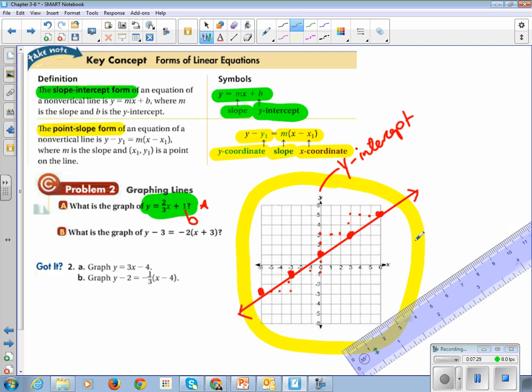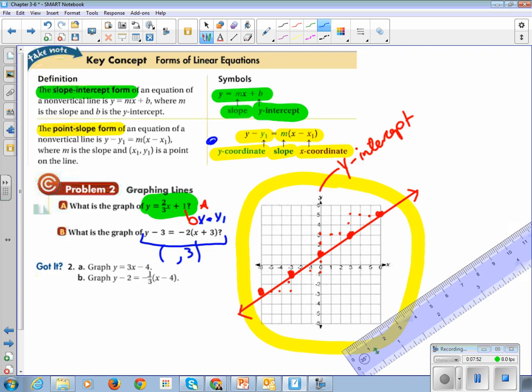The graph of B is in point slope form. So I'm going to pull my point out of it. It says y minus y1, so my y coordinate is 3, and x minus x1.